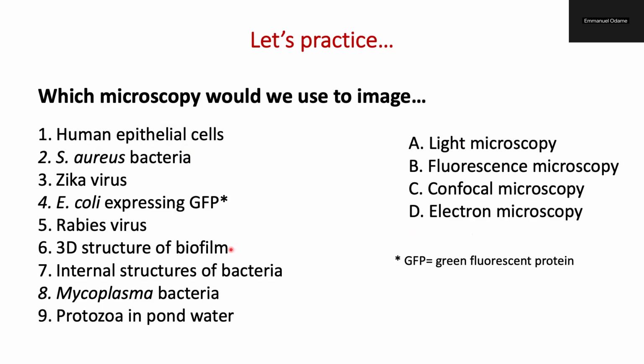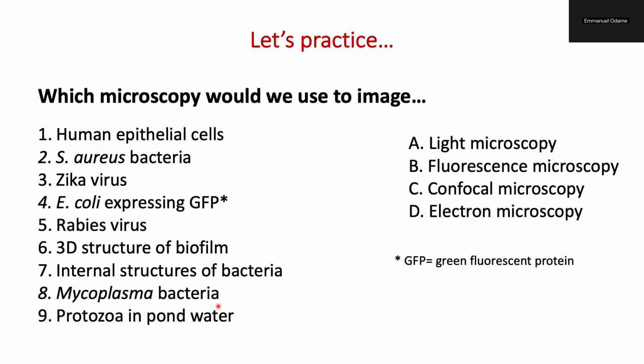And what about the 3D structure of a biofilm? Yes, we need a confocal. By the name 3D itself, it gives us a clear view. What about internal structures of a bacteria? To be able to view this, I think we will need an electron microscope, because bacteria are already small, but we need the internal structures themselves, so we have to magnify it more.